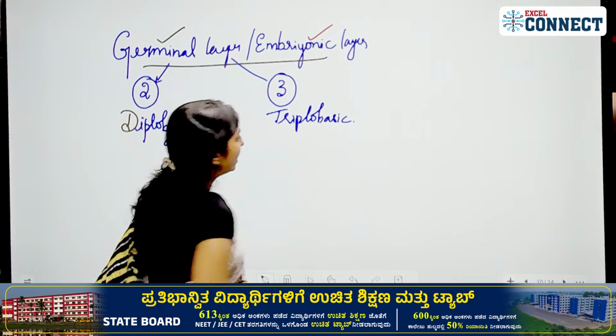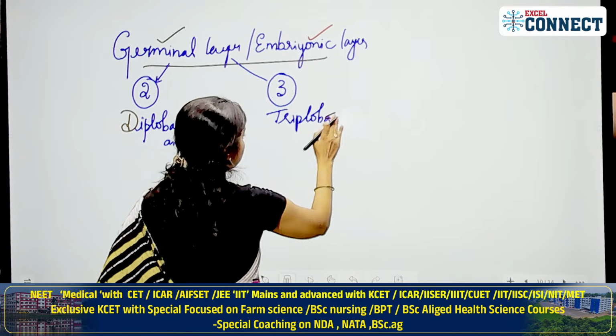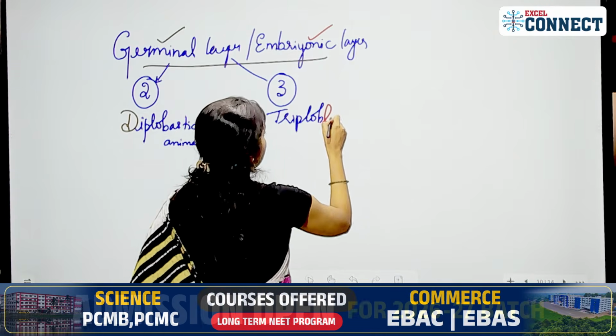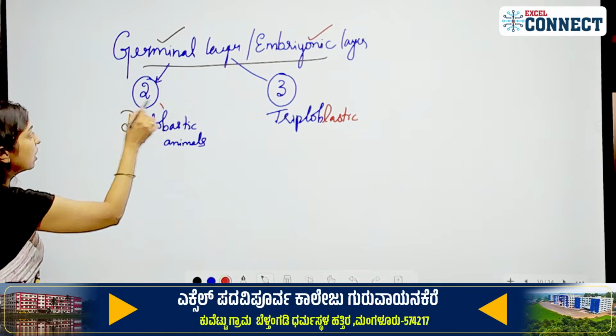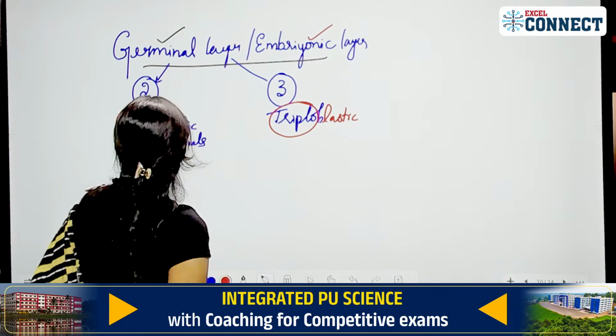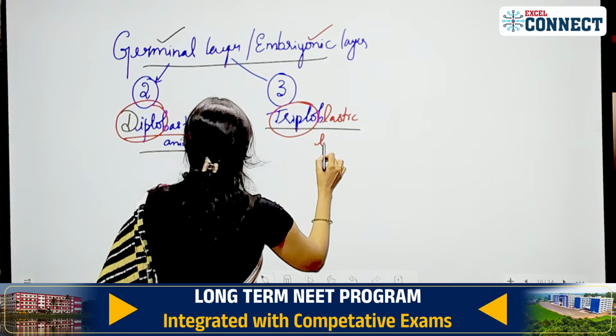Diploblastic animals and triploblastic animals. The name itself says, diplo means what? 2 layers, and triplo means 3 layers. Okay.